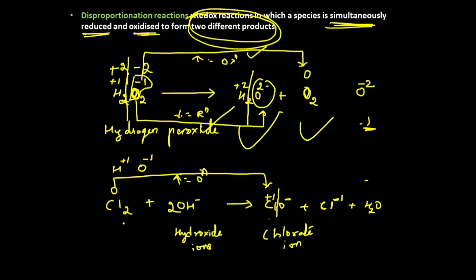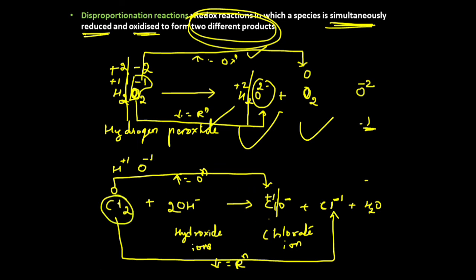The same chlorine molecule is also changing its oxidation state from 0 to minus 1. That is a decrease in the oxidation state, that is, chlorine is undergoing reduction. So in the same reaction, the chlorine molecule is simultaneously undergoing reduction as well as oxidation to form two different products. So this is an example of a disproportionation reaction.